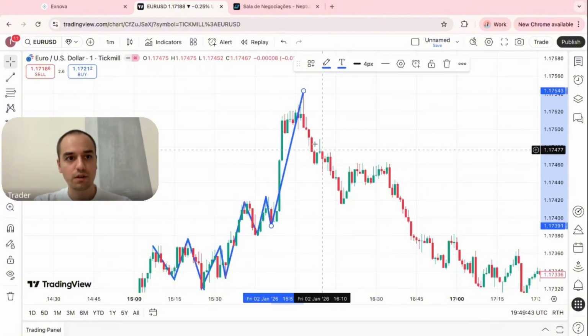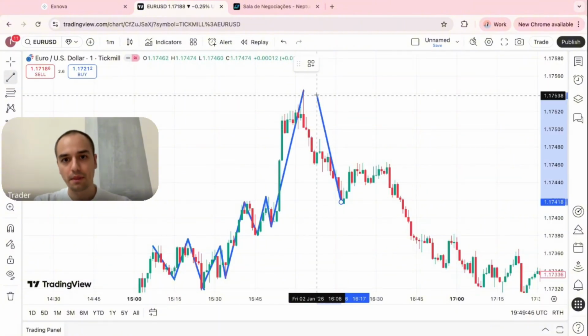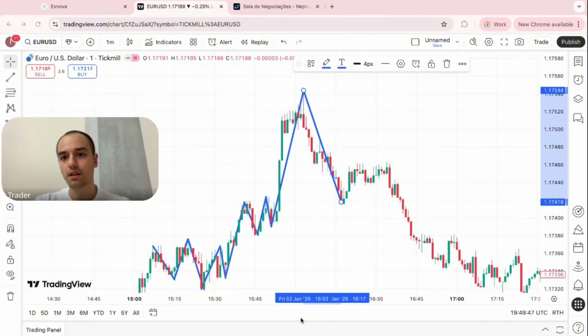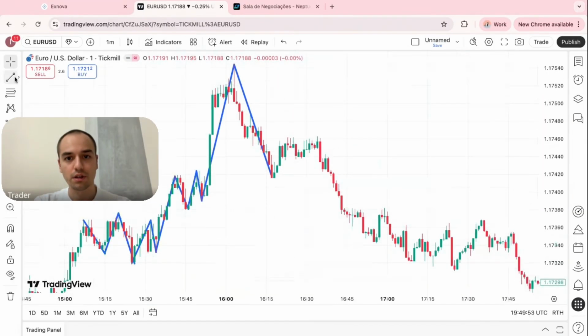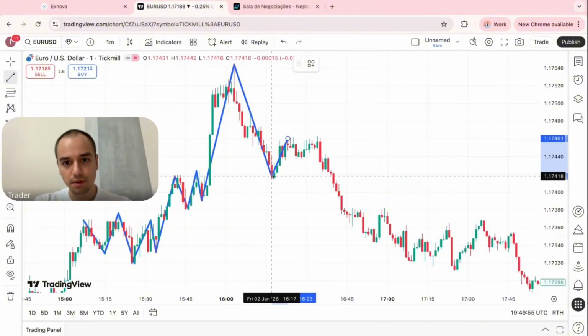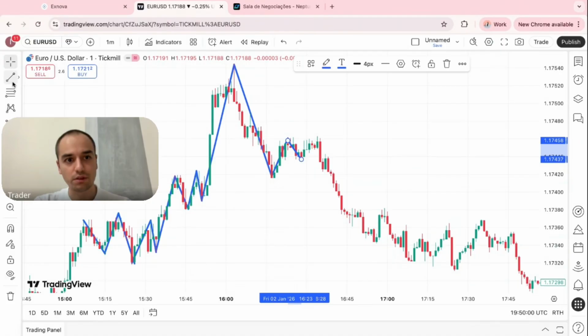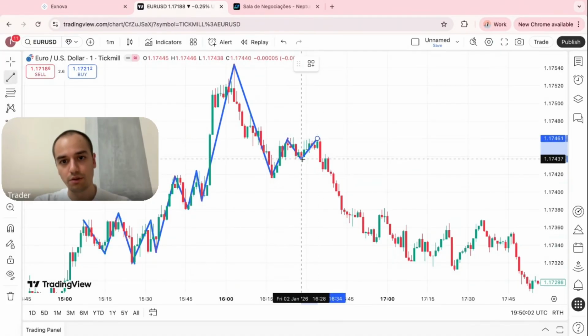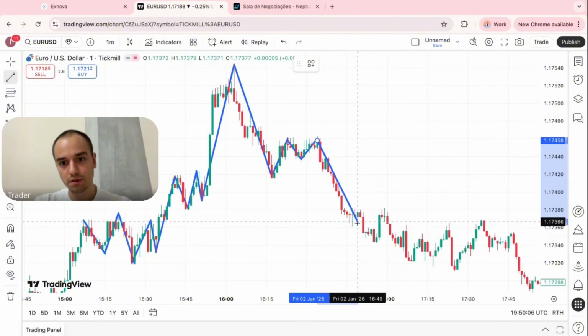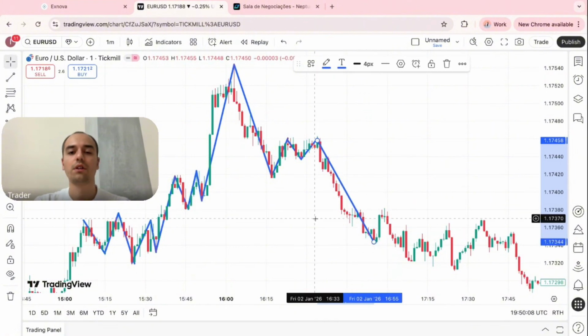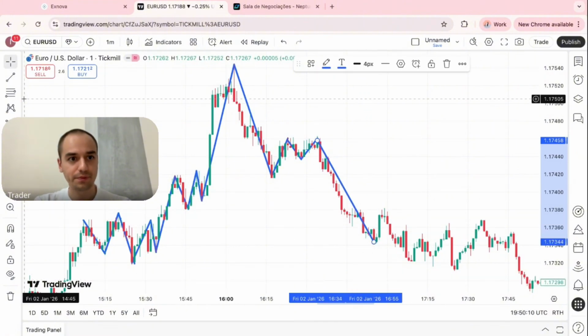And then we basically see here what we would call the break of structure, by the time when the price cannot continue the trend anymore. You see?